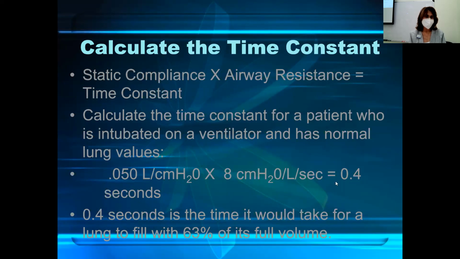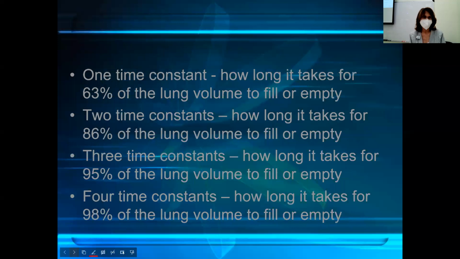So 0.4 seconds is the time it would take for a lung to fill with, not the full volume, but 63% of the volume. Bear with me, just listen along for a minute. So when we come up with the answer to that formula, we're coming up with an answer to one time constant.